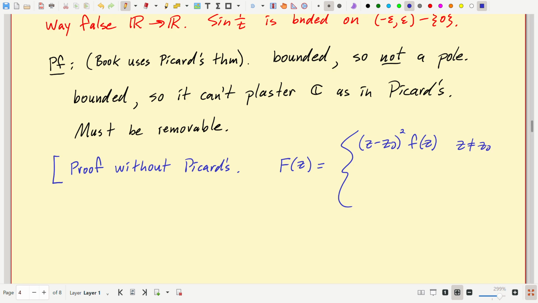And guess what? Since f is bounded as z tends to z naught, capital F is going to have a limit at z naught. Its limit's going to be 0.